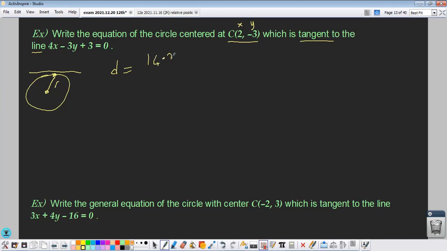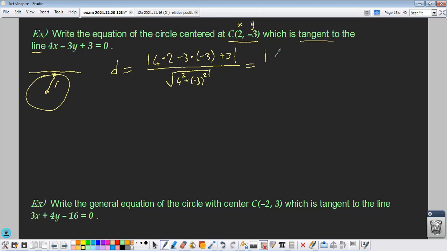4 times x number 2 minus 3 times y number, which is minus 3, and plus 3, in absolute value, over the square root of the coefficients of x and y, their squares: 4 squared plus minus 3 squared.